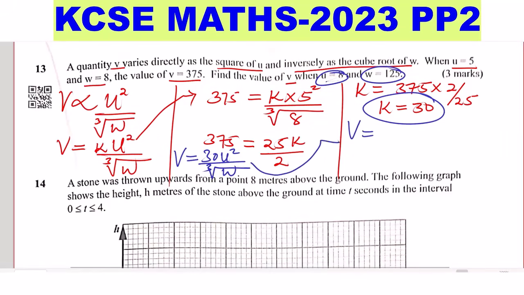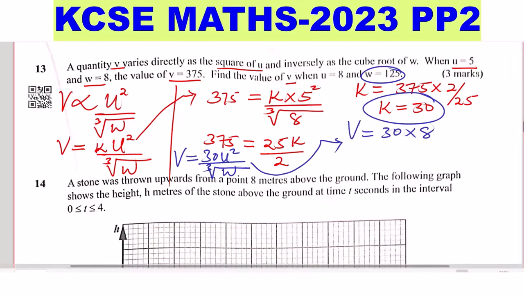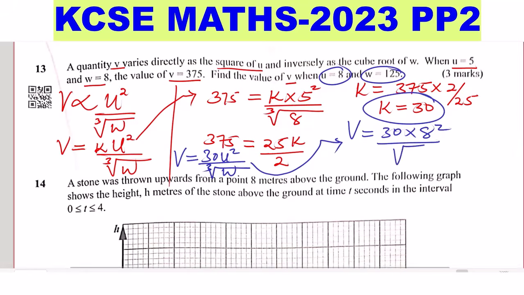Now we are using these. K, the constant, is 30, multiplied by u squared. U is 8, so that will be 8 squared, divided by the cube root of w, which is 125.